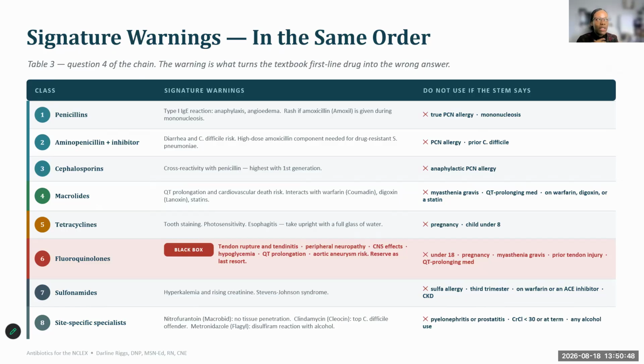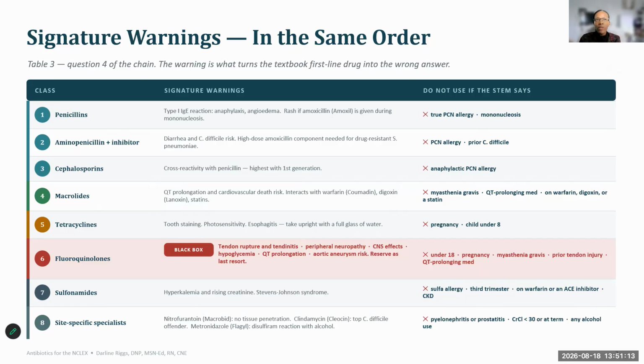Macrolides. So with macrolides, if in your question we have an EKG and there's a QT prolongation or cardiovascular death risk, or history of, you're going to stay away from the macrolides. Okay. And if the client is on Coumadin, warfarin, or digoxin or any statins, okay, that's not the drug for them.